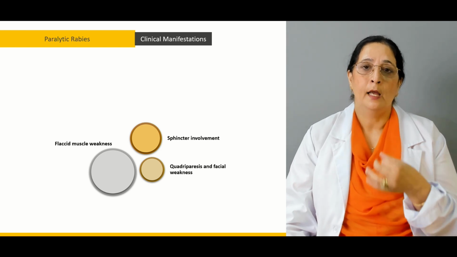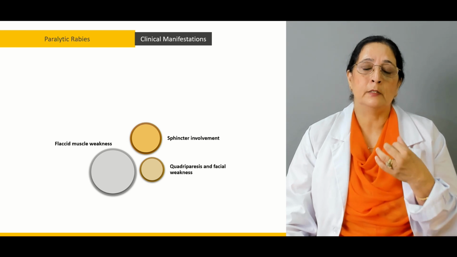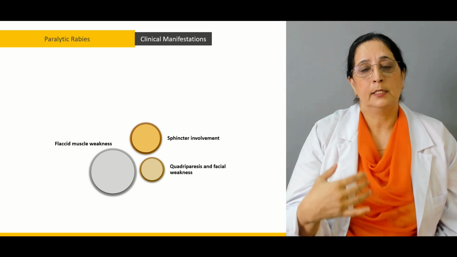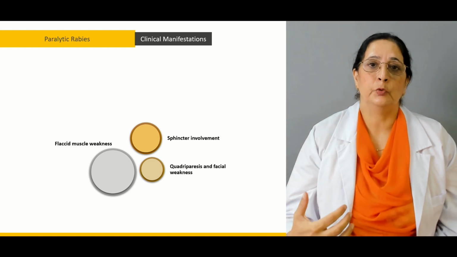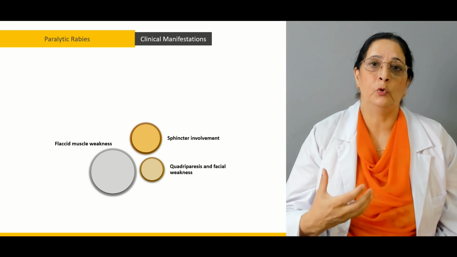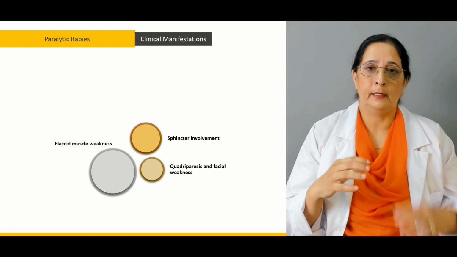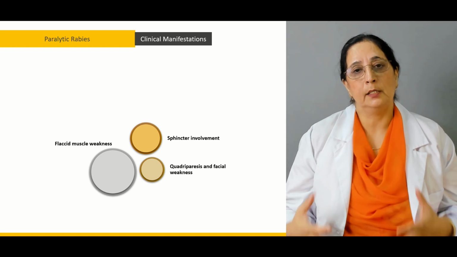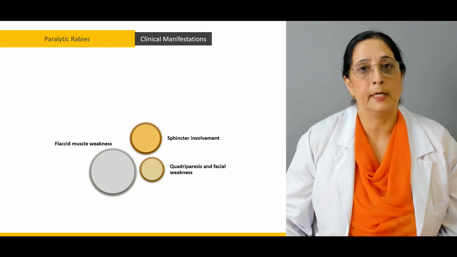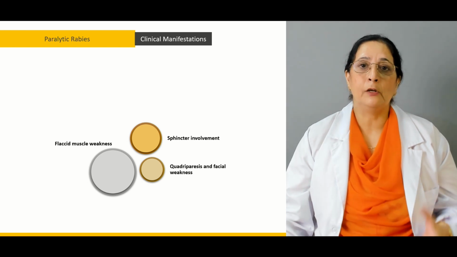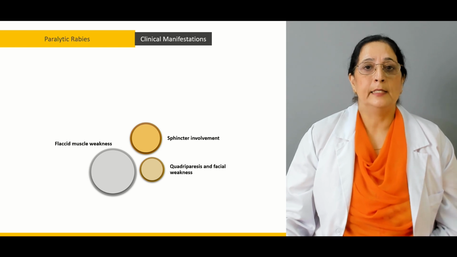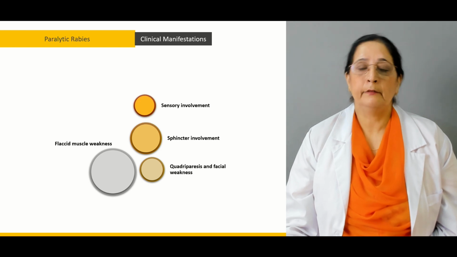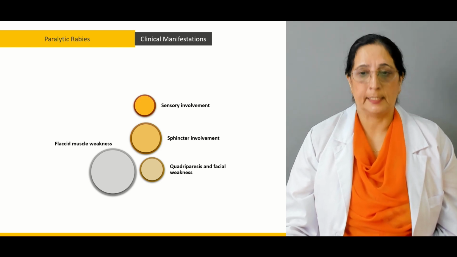Sphincters are the openings which allow substances to pass from one structure to another. If there is no control, they are just relaxed. So there is incontinence of urine and fecal incontinence. Sensory involvement is also present.